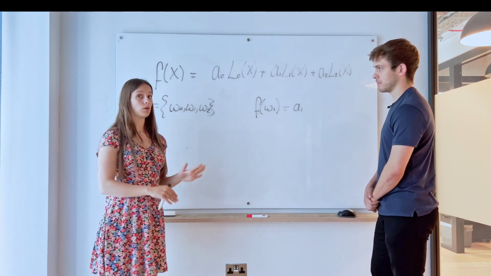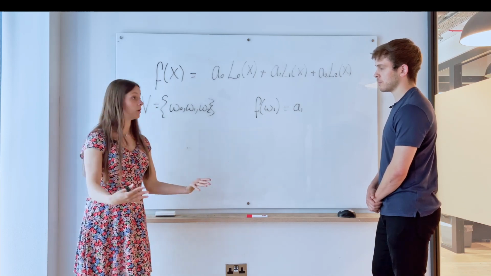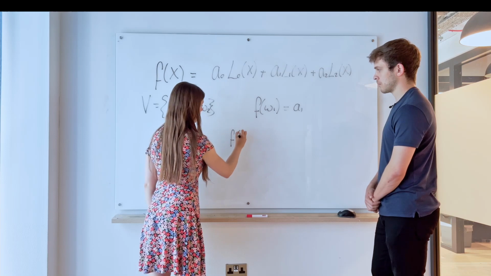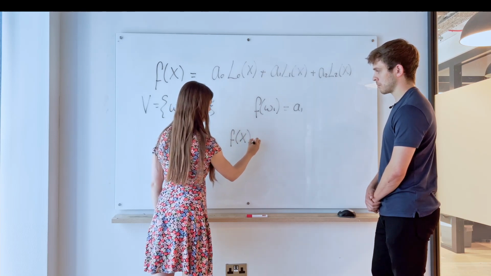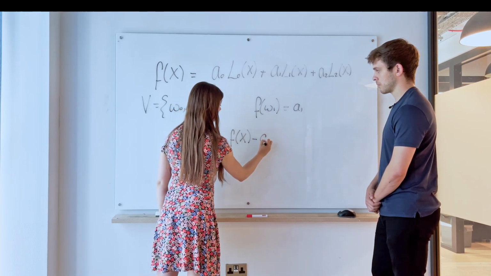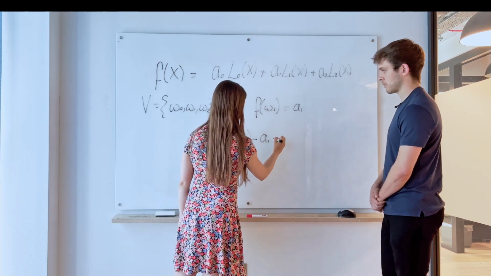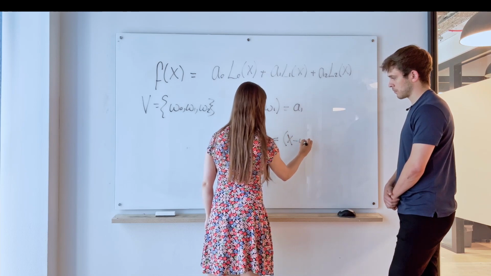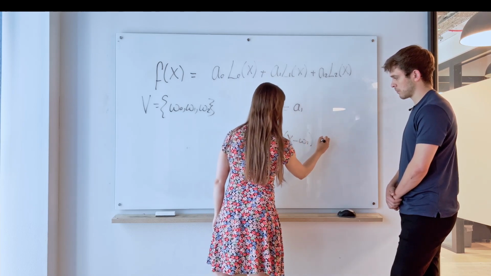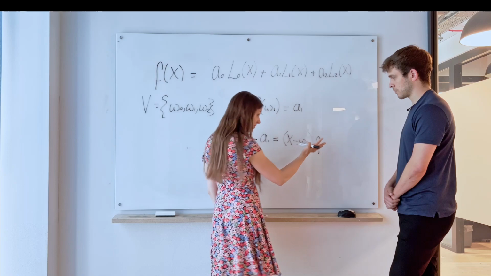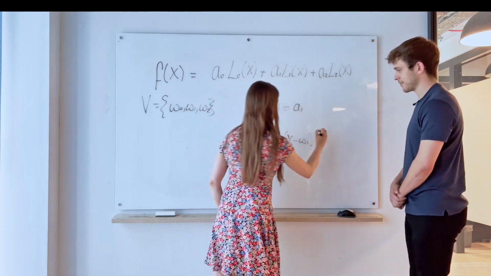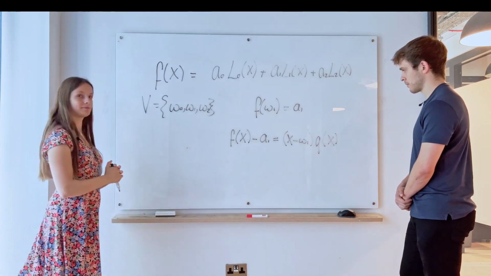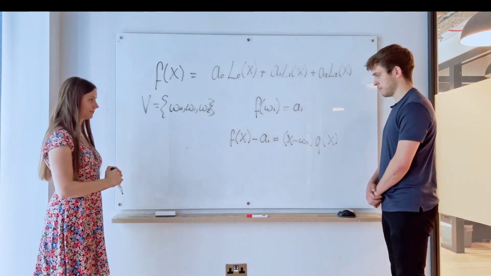In particular, one way that you would do it when you're using KZG polynomial commitments is you would prove that f of x minus a1 is equal to x minus omega 1 times some quotient, not vanishing, quotient polynomial q of x. Cool.